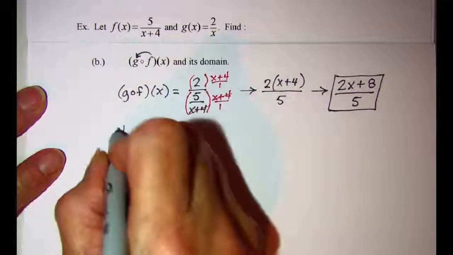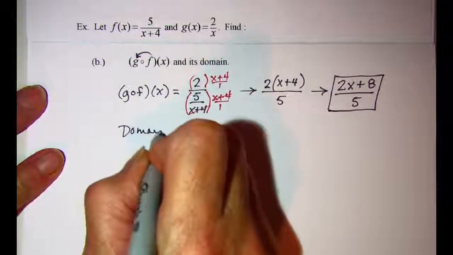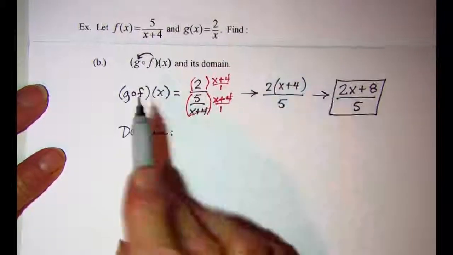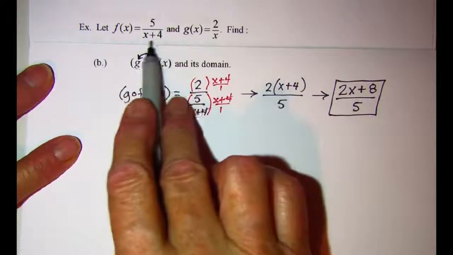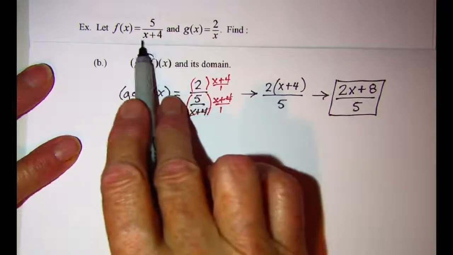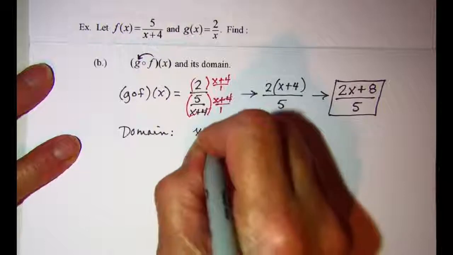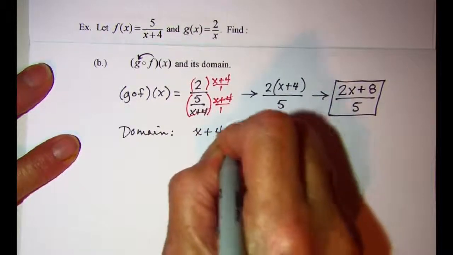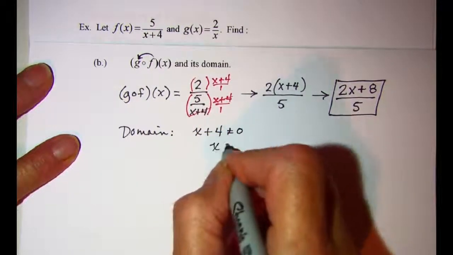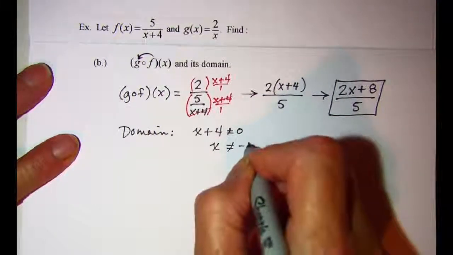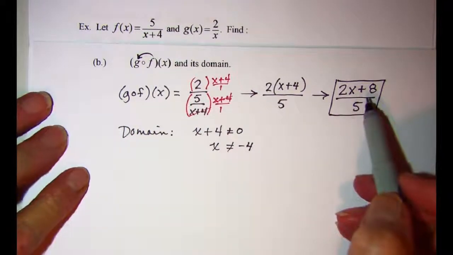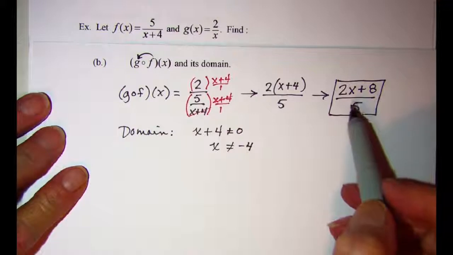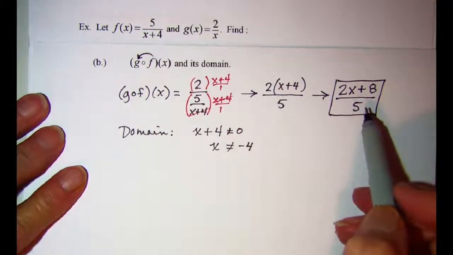Our domain, we need to first determine the domain of f, so we can see for the f function that x plus 4 cannot equal 0, which means x cannot equal negative 4. And then for the composite function, the denominator, you'll notice, never will equal 0.